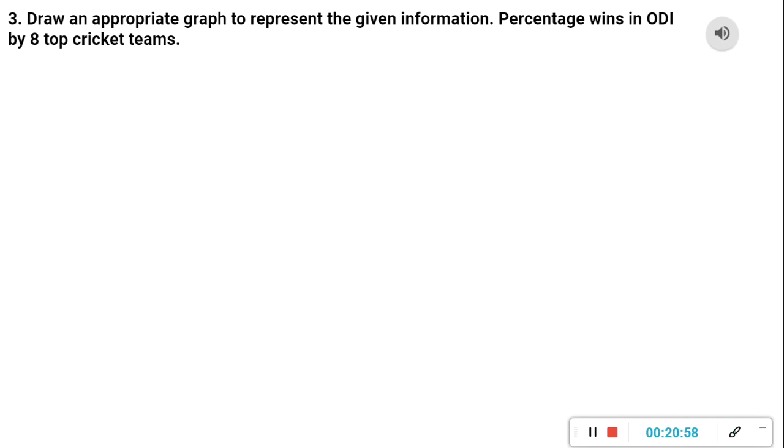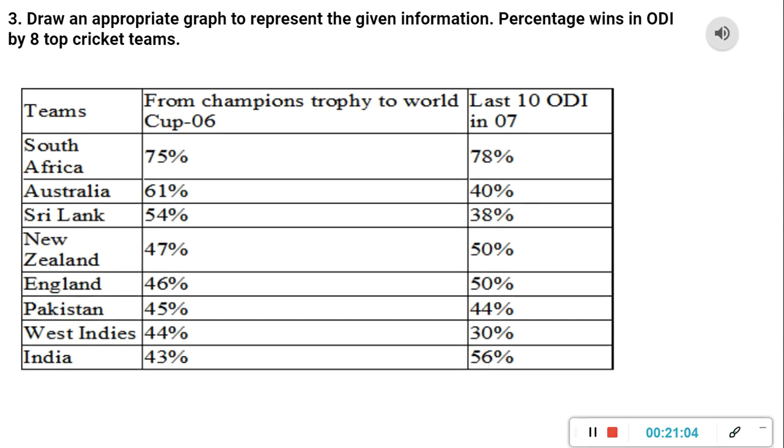Now let's see the third question. Draw an appropriate graph to represent the given information. Percentage wins in ODI by 8 top cricket teams, from the Champions Trophy to World Cup 2006 and the last ODI in 2007.